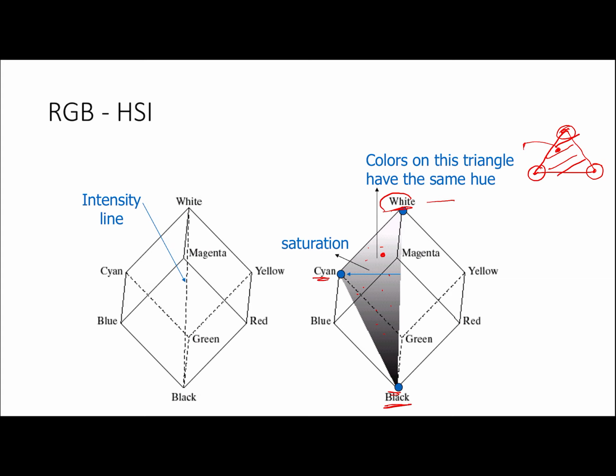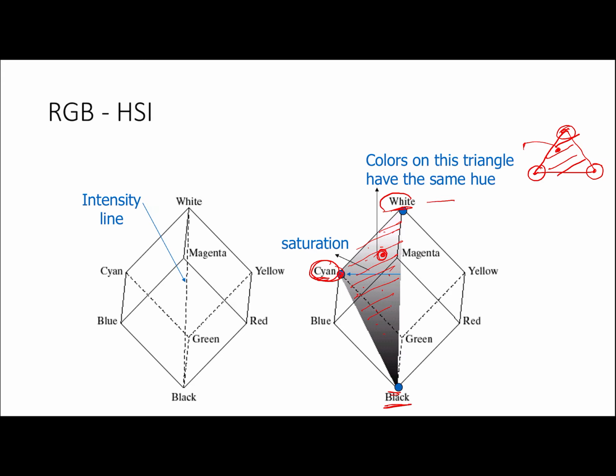So the only point which can contribute to the hue is cyan. So for all the points lying in this plane, the hue will be the same as the hue associated with this point, and that is cyan.